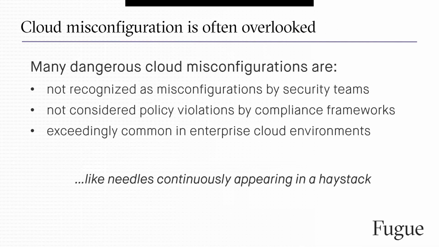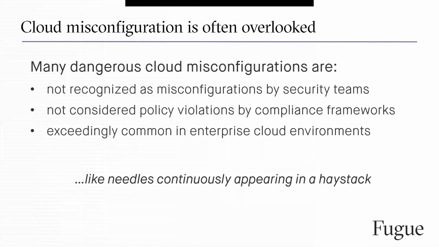And in a lot of ways, because cloud is constantly in motion, right? That's the beauty of cloud. It's not static. It's not like a data center that's racked and stacked. You can bring into and out of existence all kinds of resources all the time. And therefore, these misconfigurations are a lot like needles continuously appearing and disappearing in a haystack.